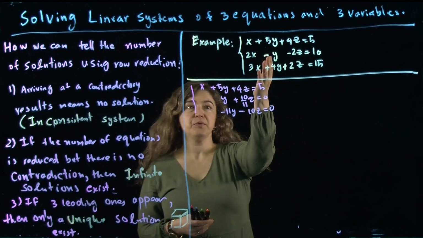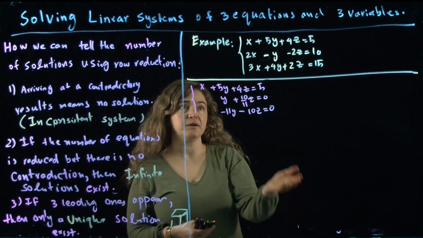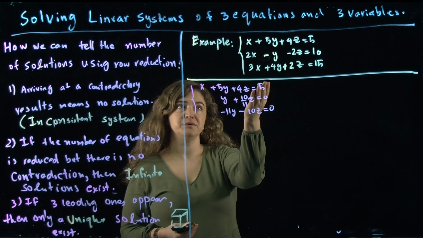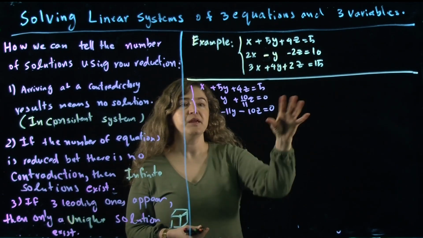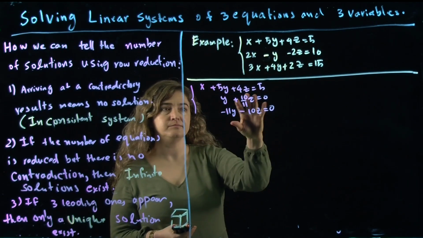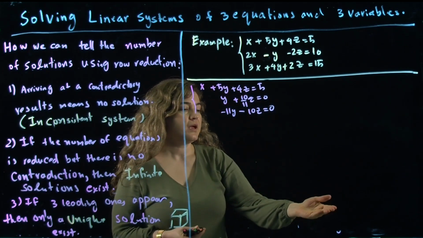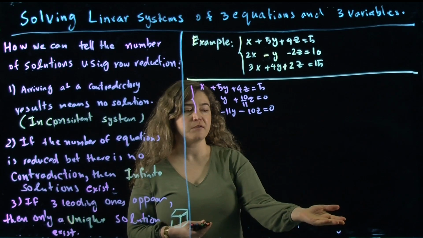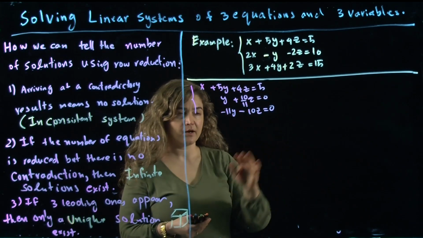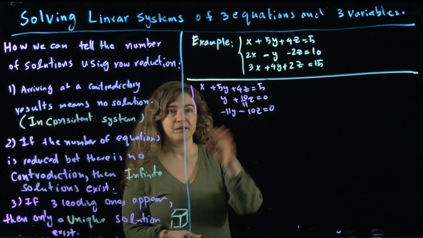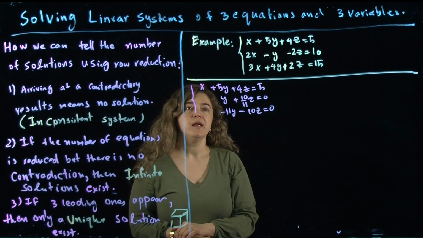So in the process of reducing this system, we arrived at this row equivalent system. And before erasing the work, I put it up here. I copied what we got from the last time over here.